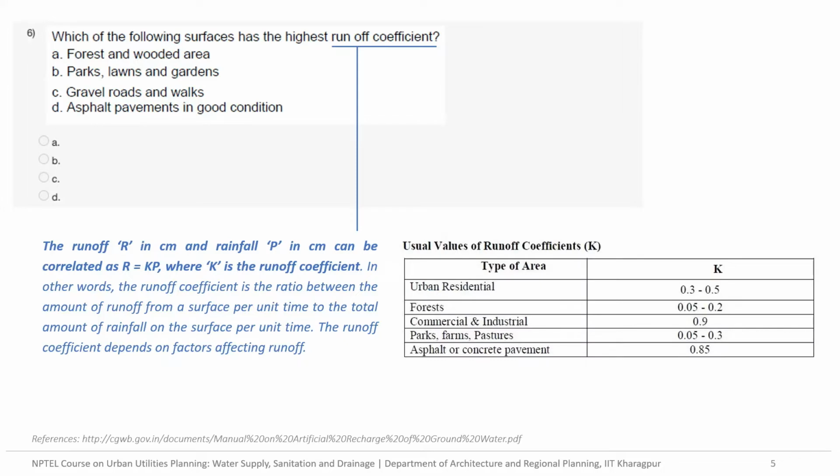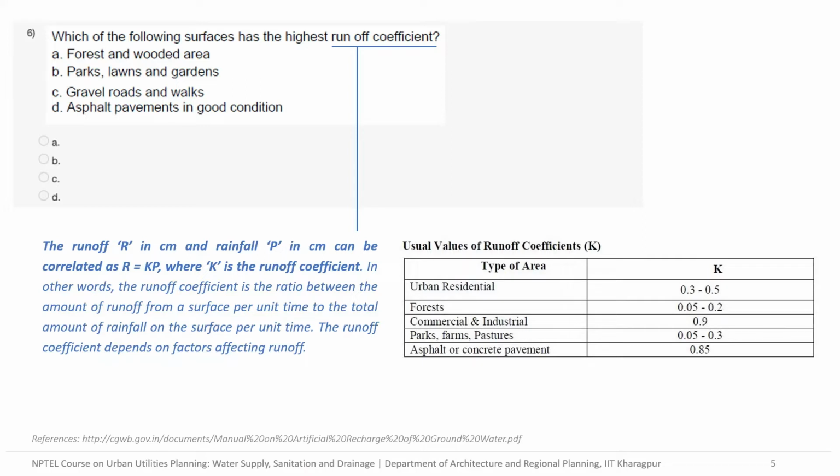So these are the usual values of runoff coefficients for typical areas. For an overall urban residential area, we assume the value to be somewhere between 0.3 and 0.5. In case of forests, because of the dense foliage, the plants, as well as the roots taking up a lot of the water that falls on the ground, we have a typical value for runoff coefficient as 0.05 to 0.2.